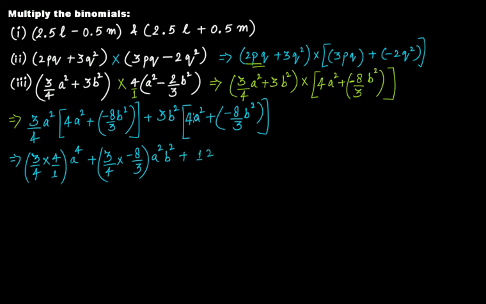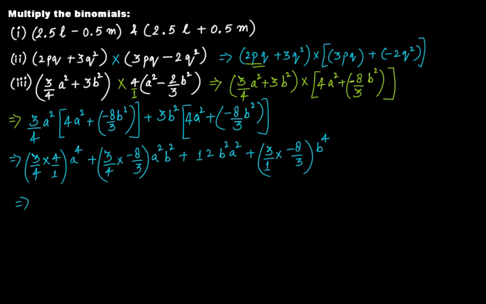Then you have b squared and a squared, so b squared and a squared plus sign here. 3 multiplied by 8 minus 8 by 3, so this is actually what? 3 divided by 1 multiplied by minus 8 by 3. B squared here means b raised to the power of 4.